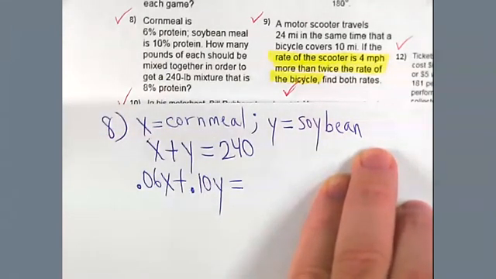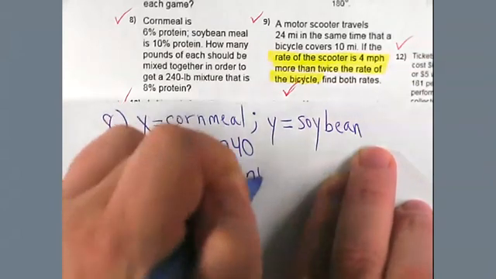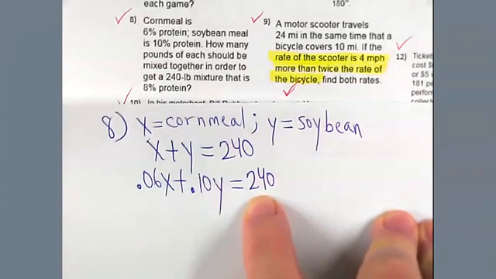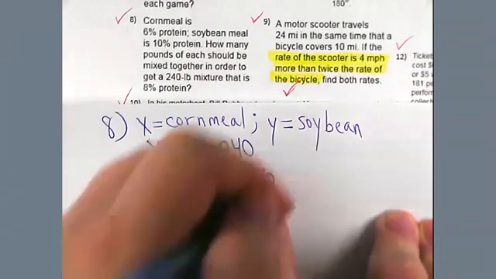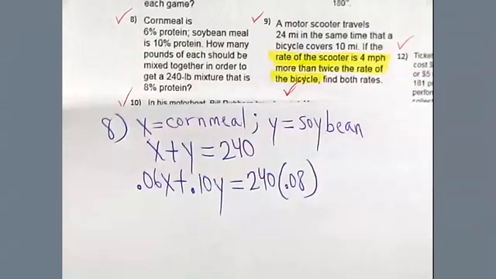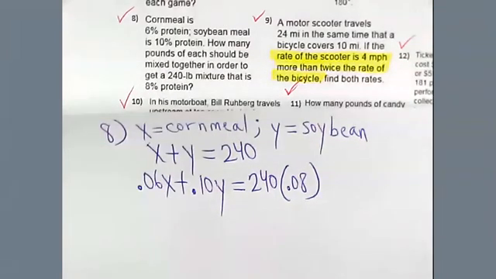And we're adding these different percentages to get an 8% protein mixture. So we have the 240 still, but we have to multiply it by 8% to get the desired mixture, or same thing as 0.08. Any questions about our system?